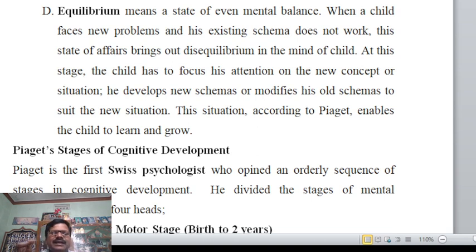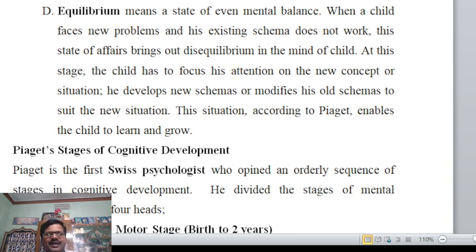When assimilation and accommodation are not possible, the child tries to solve that problem and construct new knowledge of his own.